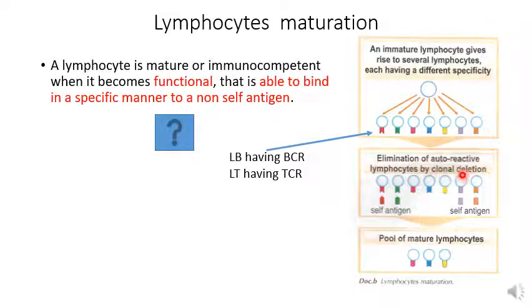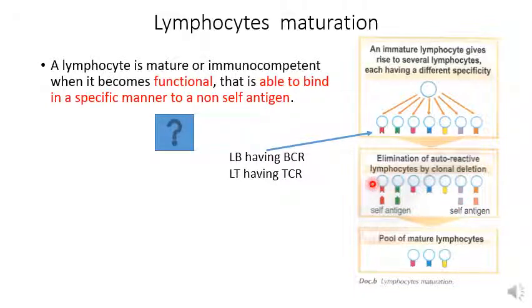Here, you see all these lymphocytes, each with a specific type of receptor. A remark to be said here is that a specific lymphocyte carries only one type of receptor. Okay, these are examples of self-antigens, and these are also examples of self-antigens.